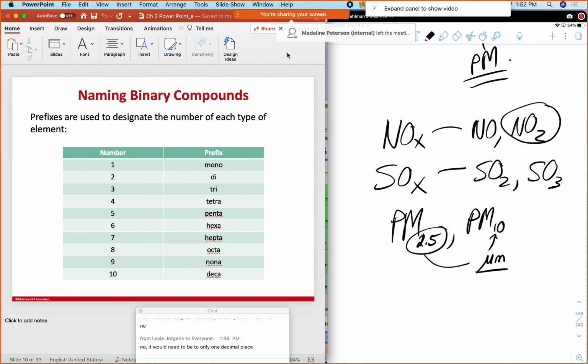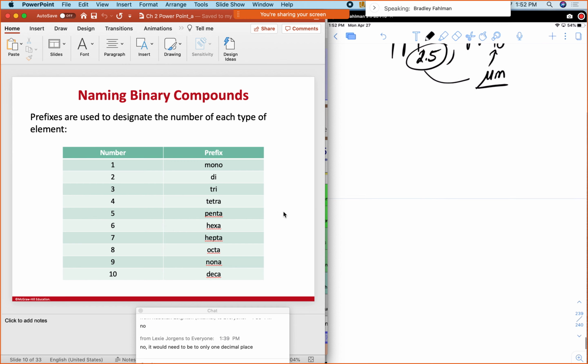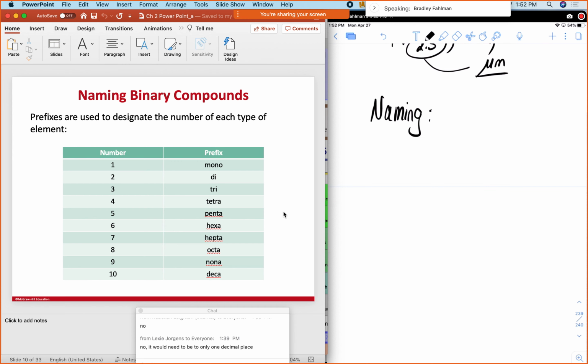And then our first naming came, all the way from 1 carbon to 10 carbons. So knowing how to name, we're not there yet. These are just prefixes for binary compounds, so naming molecular compounds.